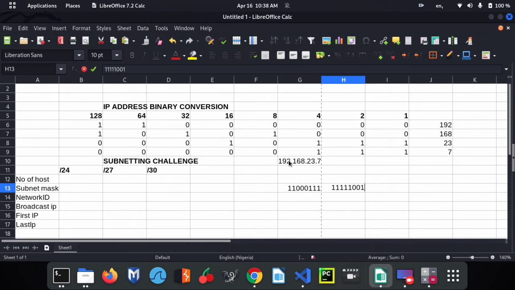Since we know that each octet has 8 bits, which sums up to 32. To get the number of hosts on a /24, since this is 8, 16, 24, the rest is 00000000.